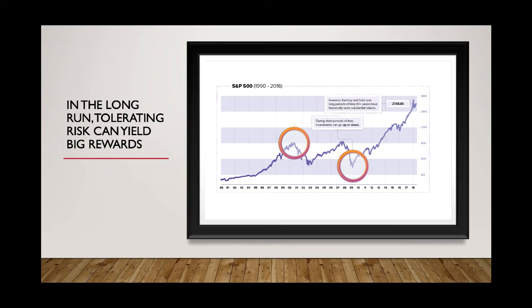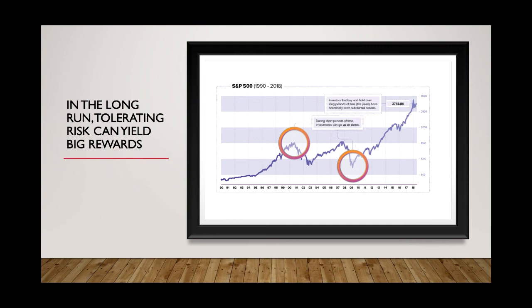There may have been times when you were tempted to get out and save yourself. But if you had stuck in the market, you can see that it has rewarded patience and a tolerance for risk.